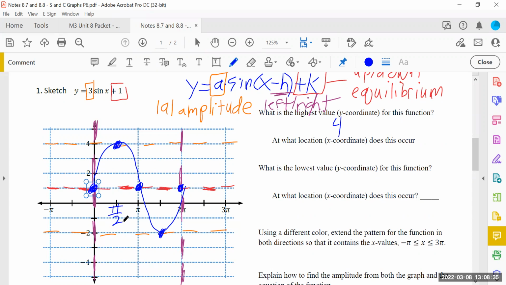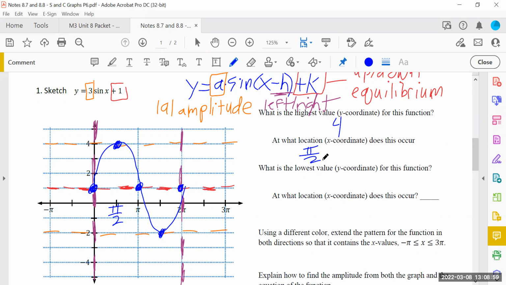But the points that we're having on the graph are 0, pi over 2, pi, 3 pi over 2, 2 pi, 5 pi over 2. That's where that happens. That's the x coordinate.